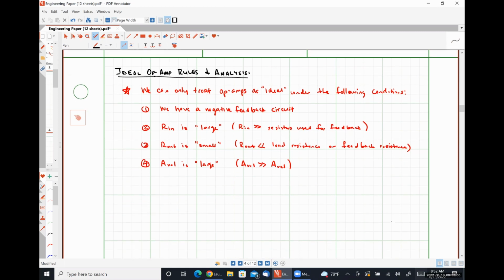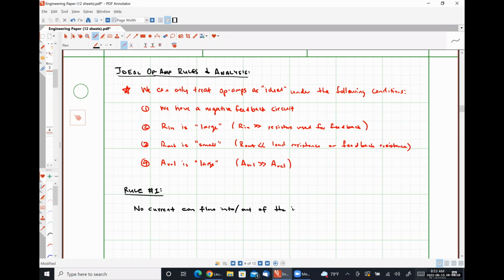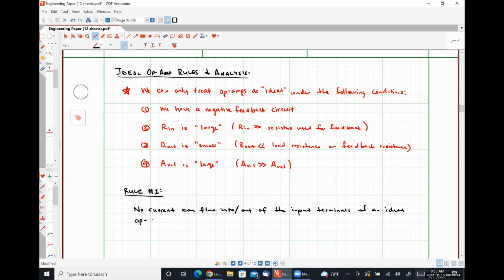All right, so rule number 1. No current can flow into or out of the input terminals of an ideal op amp, which we know is because we have an infinitely large input resistance.